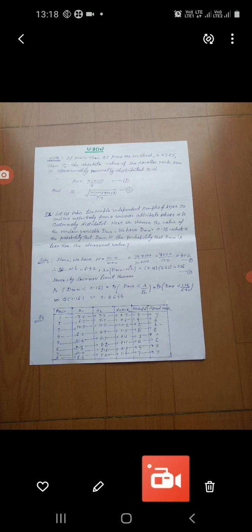Thus we have capital N as 41.2, and let it be equation number 1.